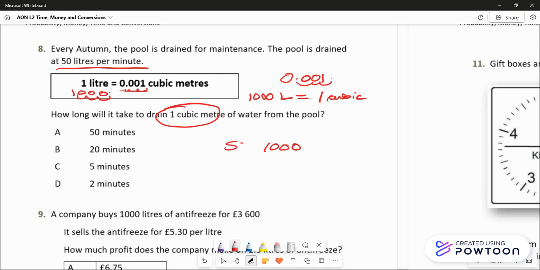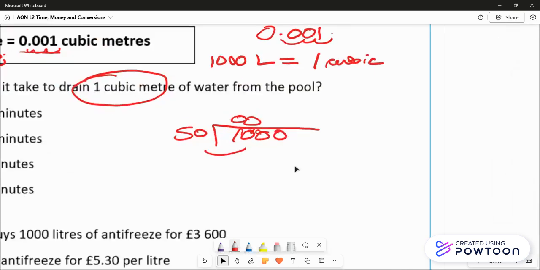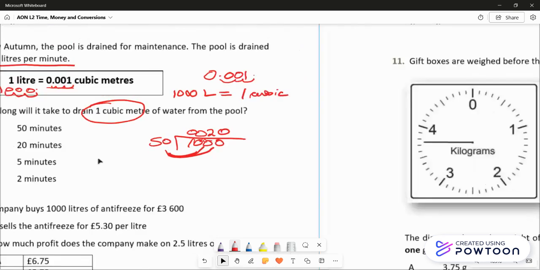So if we divide that by 50, it won't go into 1, so carry the 1. It won't go into 10, so now we carry the 10 across, so that's 100. Then 50 into 100 goes twice, exactly, and 50 into 0 doesn't go. So there we go, we have 20 minutes.